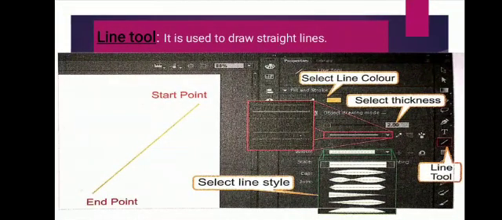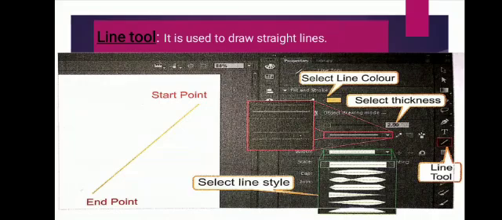Next is line tool. The shortcut key for using line tool is N. When you press N while using Animate, then it will select the option for line tool. It works exactly the same way as the line tool in any graphic software, and we can use line tool to draw straight line.